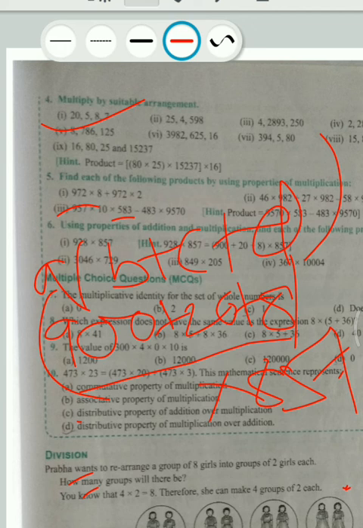Okay, got it? Now you have to solve it by multiplying or by using the distributive properties. Okay, student? If you have a doubt, then put your comment in the YouTube comment box so that I get to know where you have a doubt. Okay?